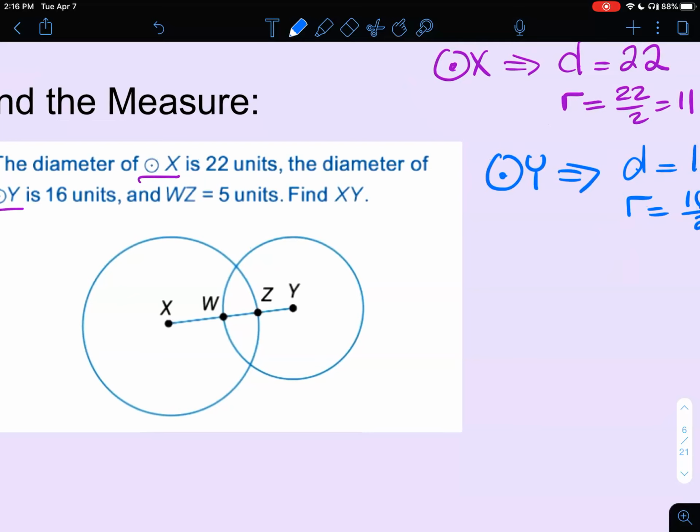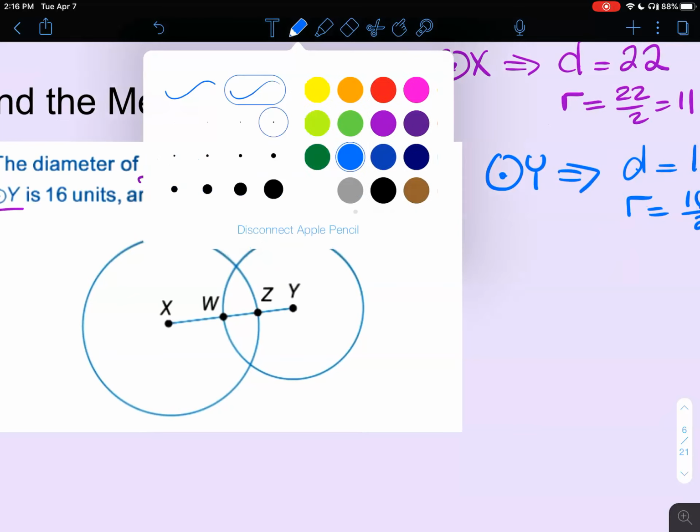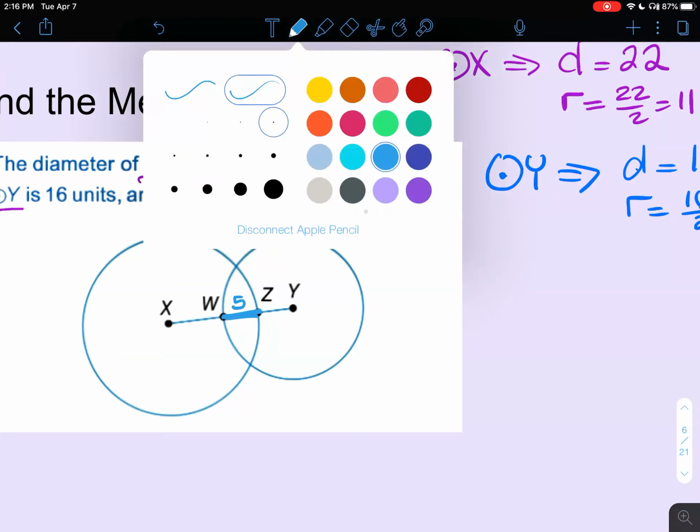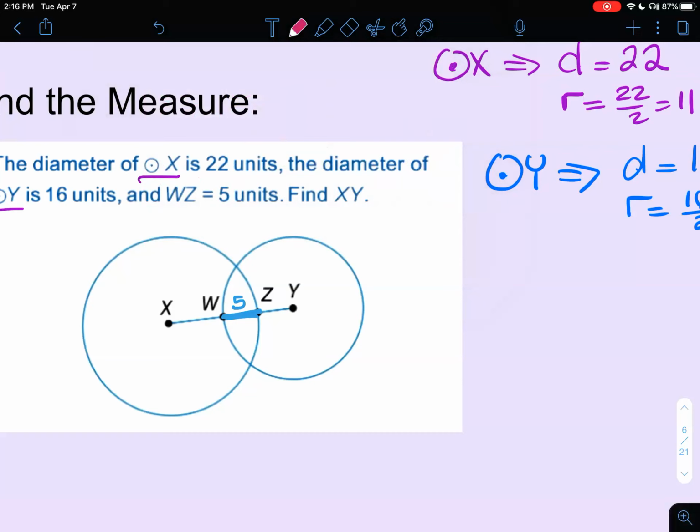All right, so let's fill in some more information. So we have that this segment WZ is 5. We also know that for the circle X, from X to our point Z has to be 11, because again, that's our radius of our circle X, and our diameter was 22.